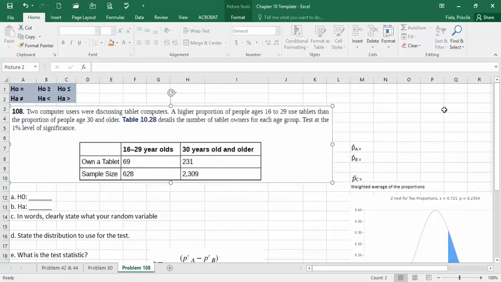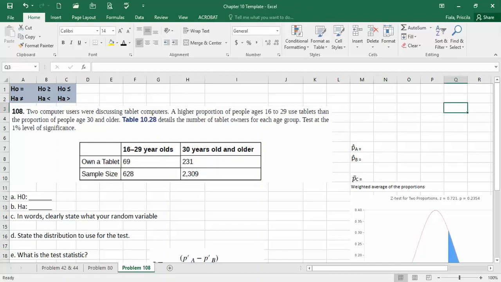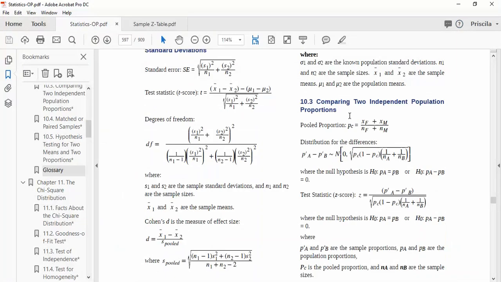I want to start on problem 108, which is talking about two independent population proportions. These are the formulas we're going to be using, even though they might look very complicated. Really, for example, on your test statistic, you're always going to be using the z-score.